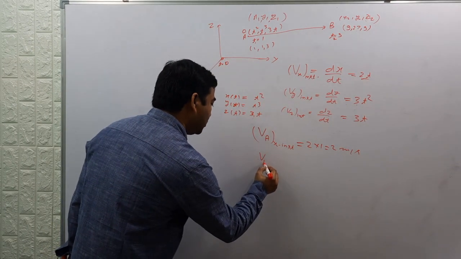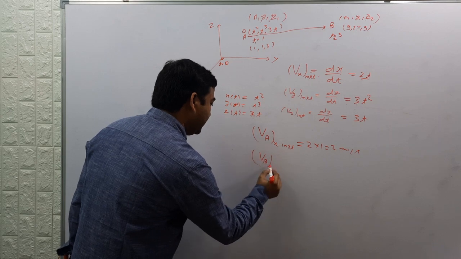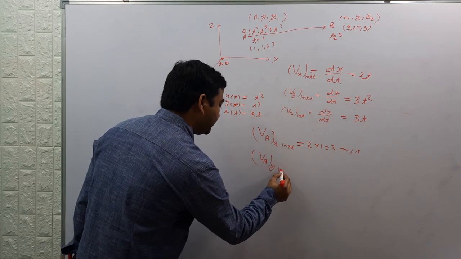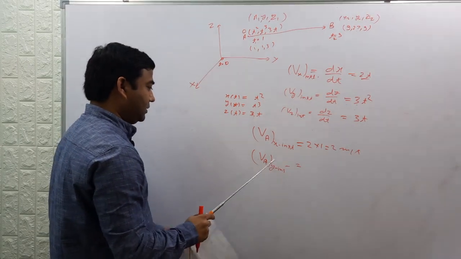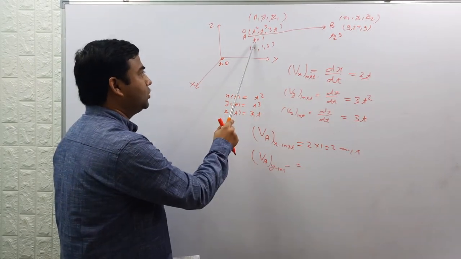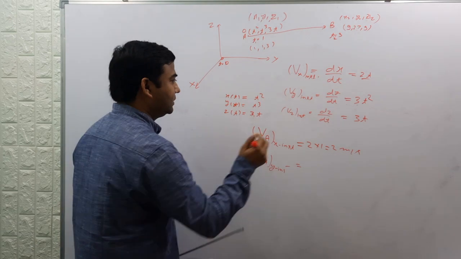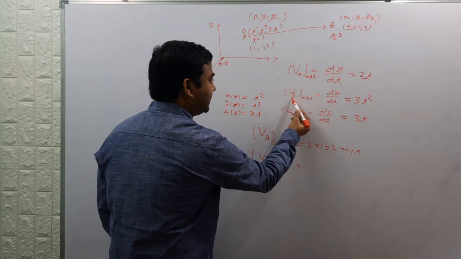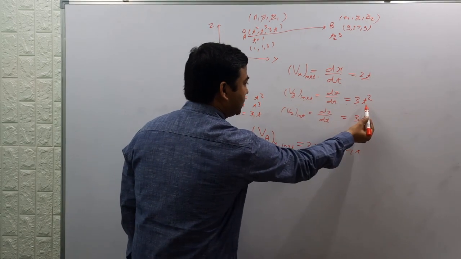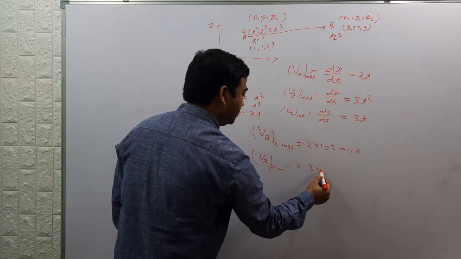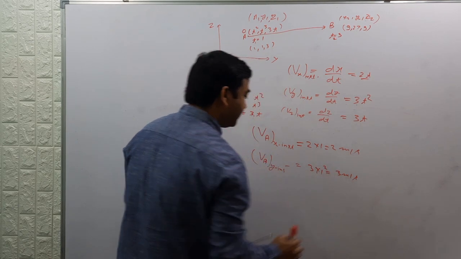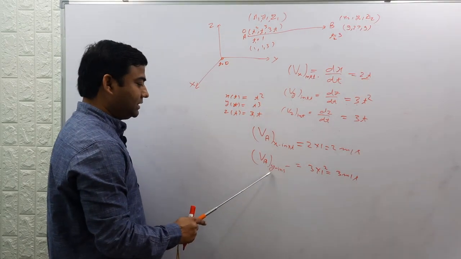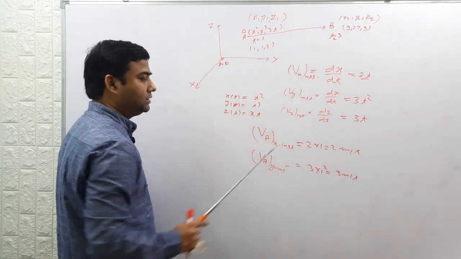Similarly, the instantaneous velocity at A in y direction will be given by putting t is equal to 1: 3 into 1 square is equal to 3 meter per second. At point A, instantaneous velocity in y direction is 3 meter per second.